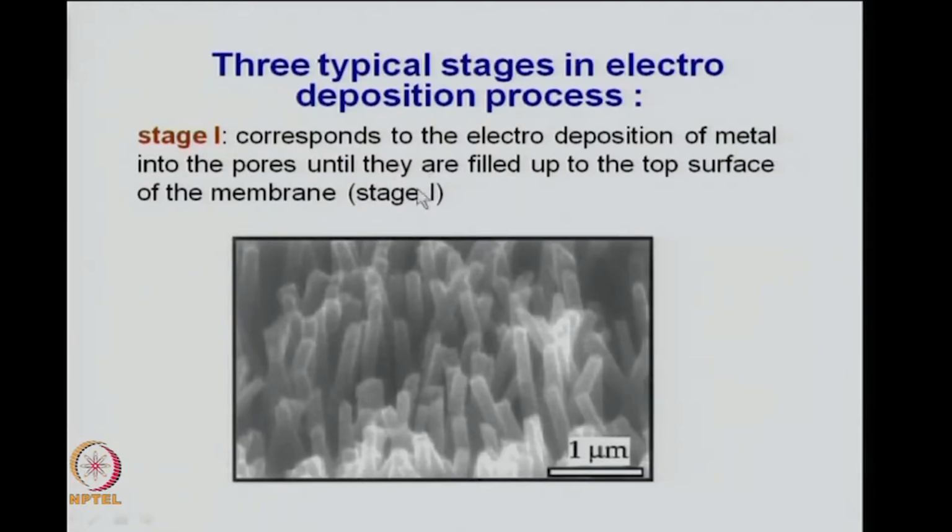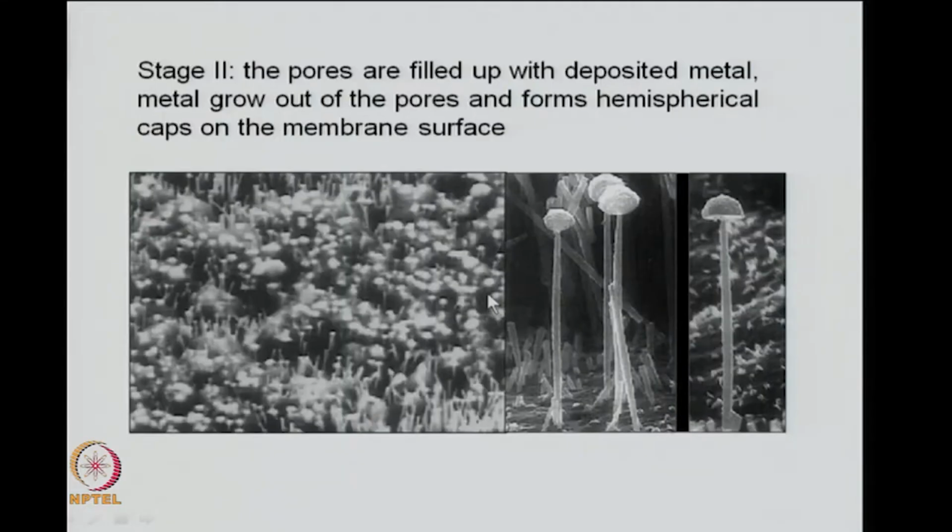So, if you somehow remove the template at stage 1, that means up till they have come to the brim, and you remove the templates, then you will see pictures like this, because you have only the nanowires coming up till the surface. However, if you allow the growth to continue, so you come to stage 2, then the pores are filled up with the deposited metal and they flow out of the pores.